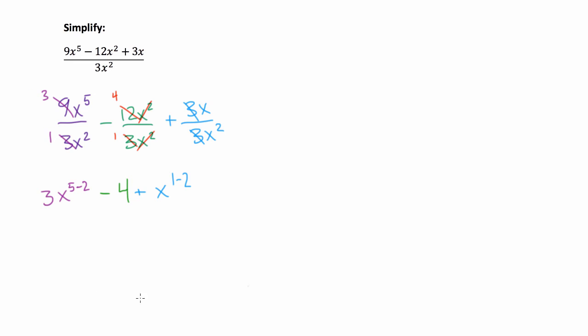So when I simplify everything completely, I have 3x cubed minus 4, and then x to the power of negative 1. For my final answer, I should write that with only positive exponents like this: 3x cubed minus 4 plus 1 over x.